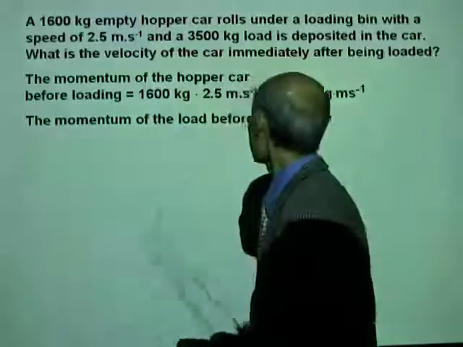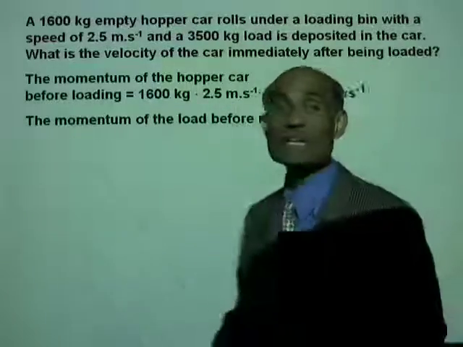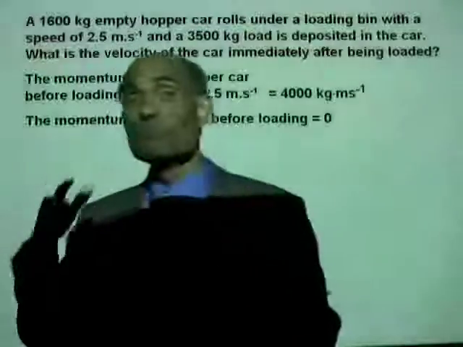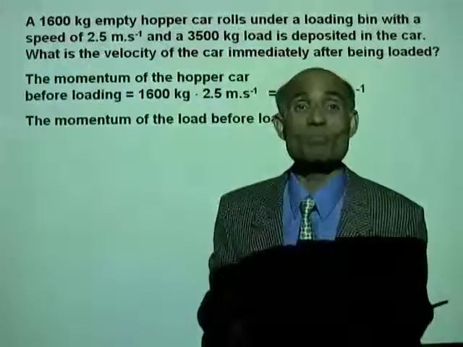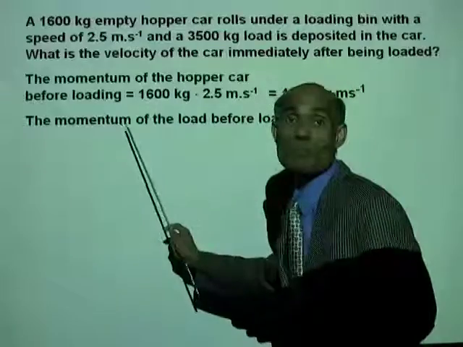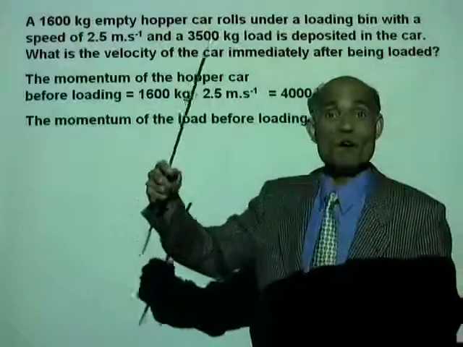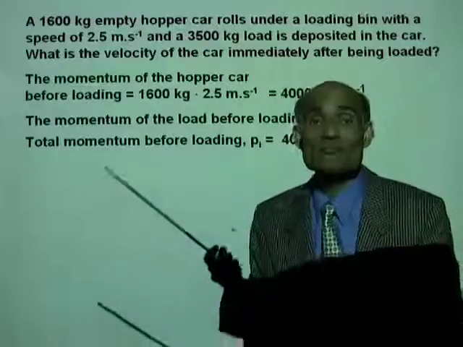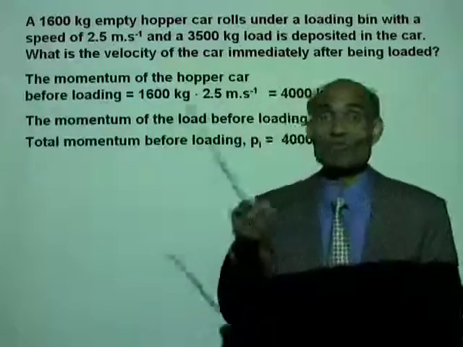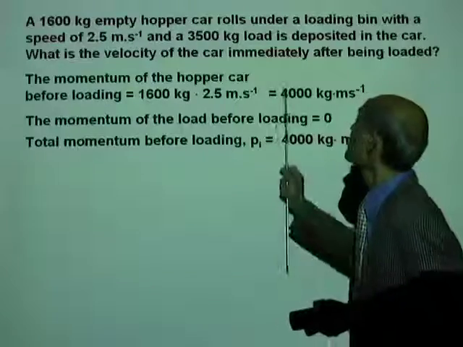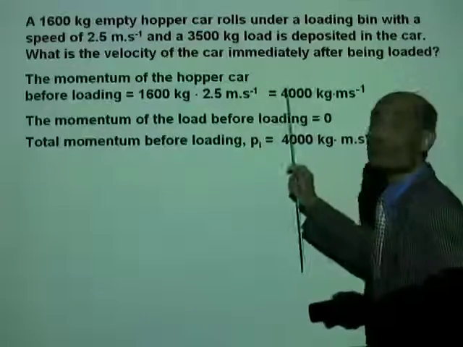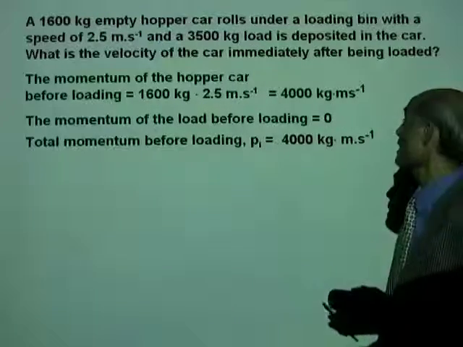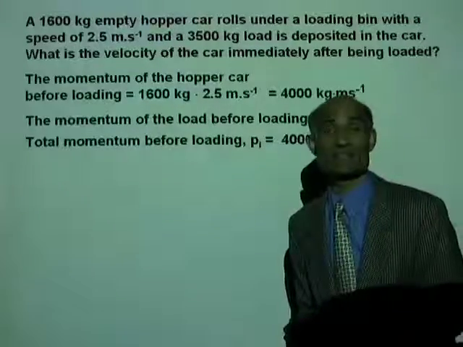The momentum of the load before loading is 0. Is that right? The load is at rest before it being put in the hopper car. So the momentum of the load before it gets loaded is 0. So what is the total momentum before the action of loading? The total momentum will be 4000 kilogram meter per second plus 0, which is 4000 kilogram meter per second.